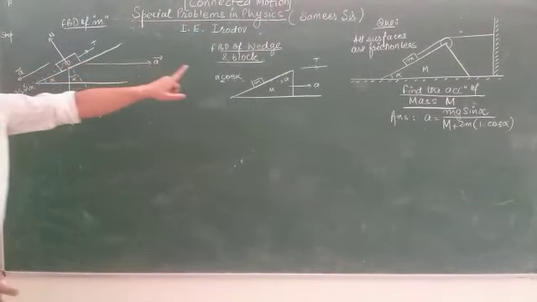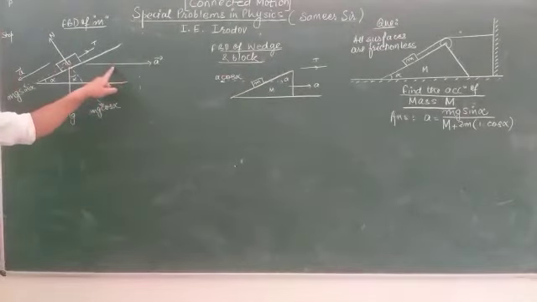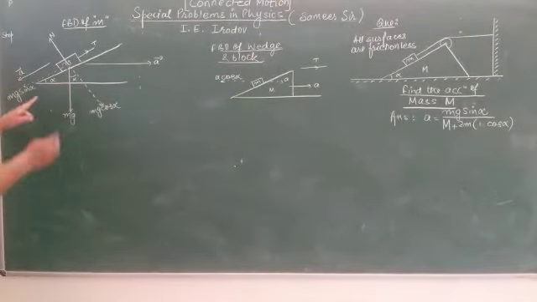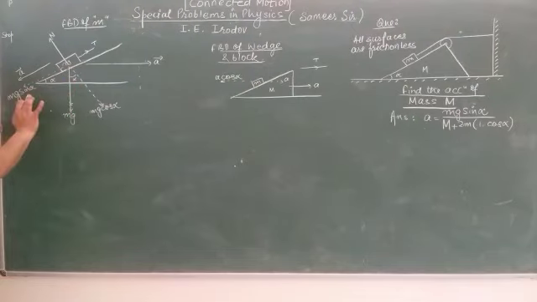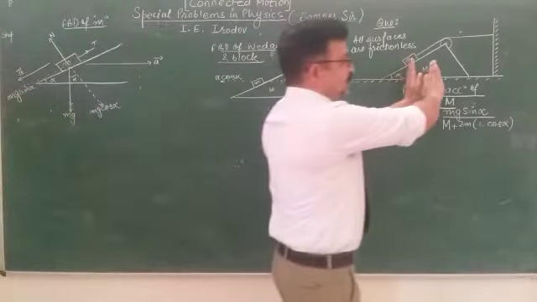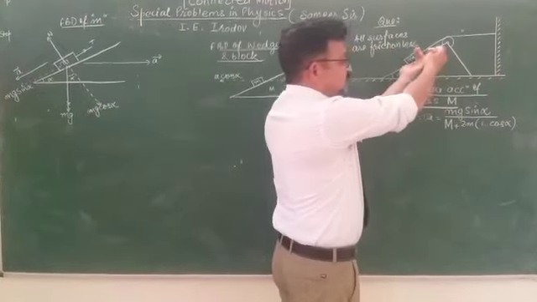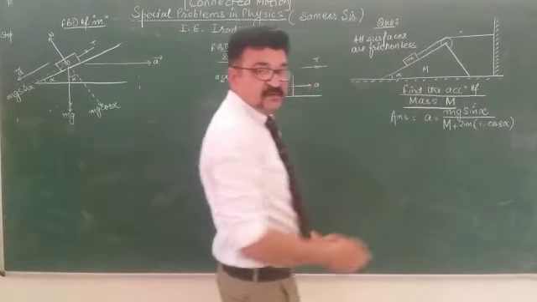Because it is on small m that the acceleration small a is experienced. This is the weight of small m. I am resolving it into two components, mg sin alpha and mg cos alpha, but as the capital M moves forward, the system will descend downward.